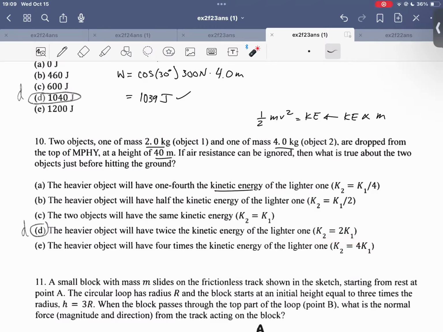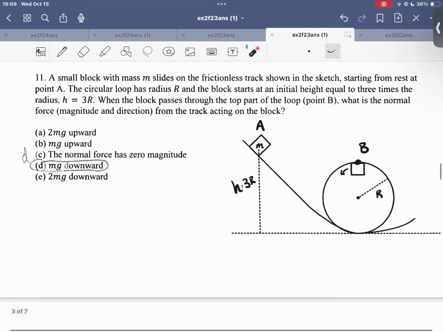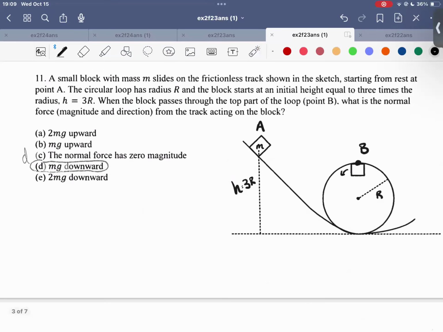So your object will have twice the kinetic energy. And that's because they're directly proportional as given by the formula. So yeah, that's pretty simple.